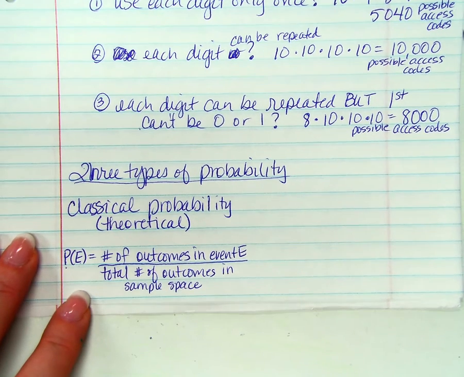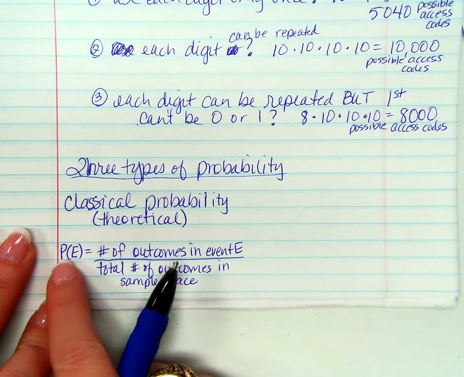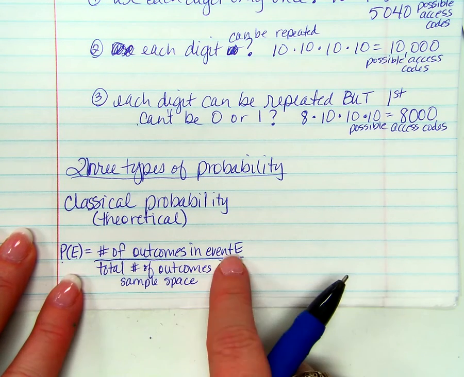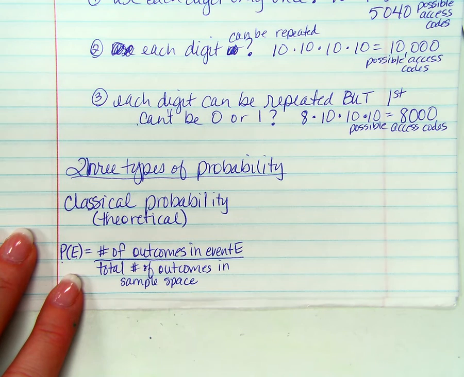Okay? Classical probability or theoretical probability is the probability of E is the number of total outcomes in event E divided by the total number of outcomes in the sample space of event E. Okay?